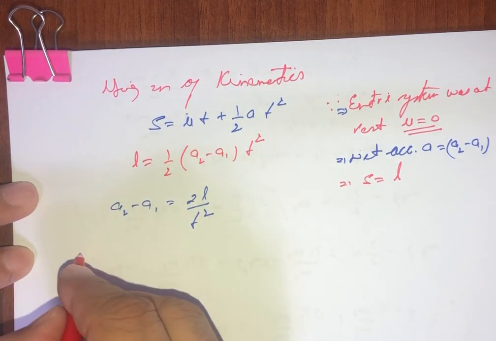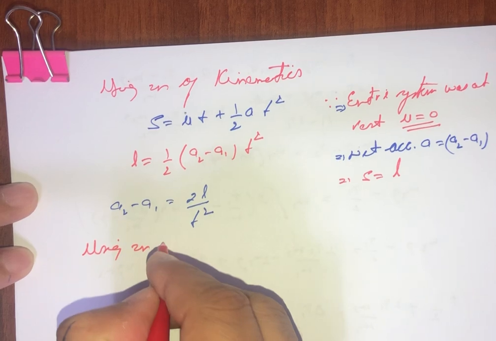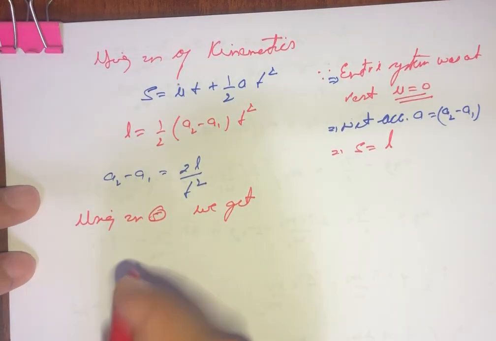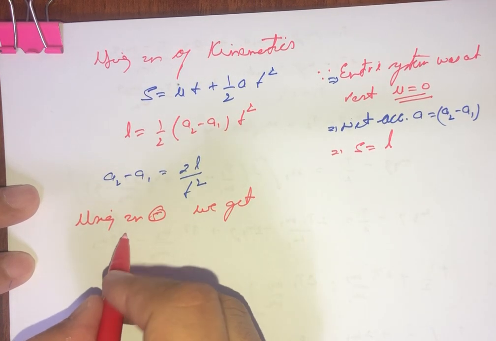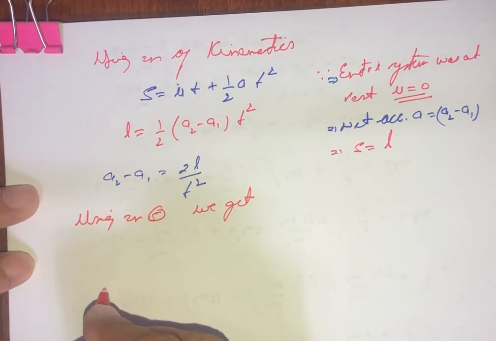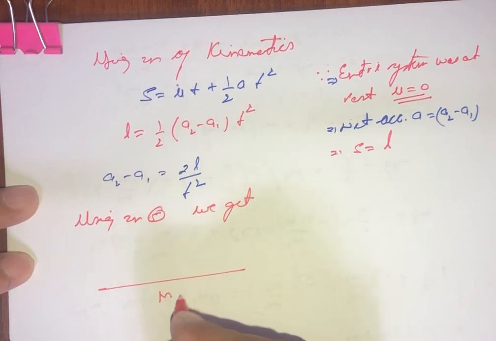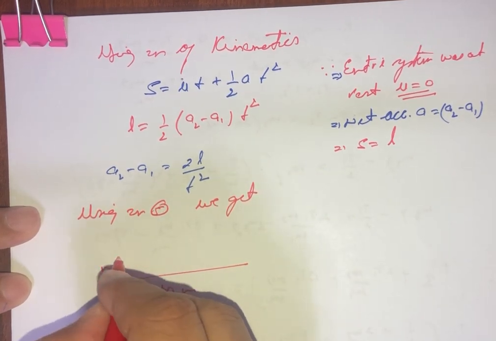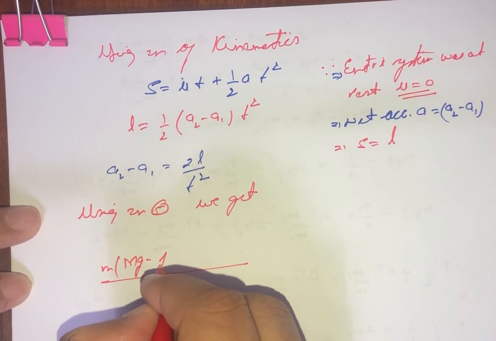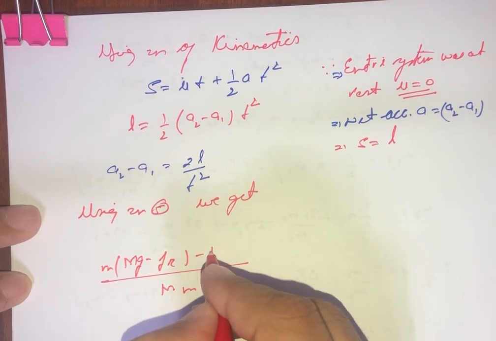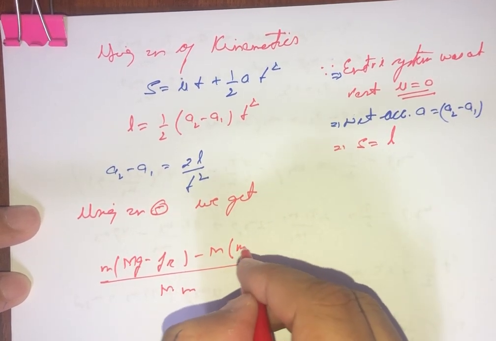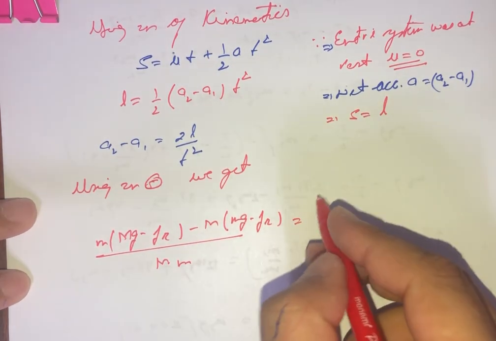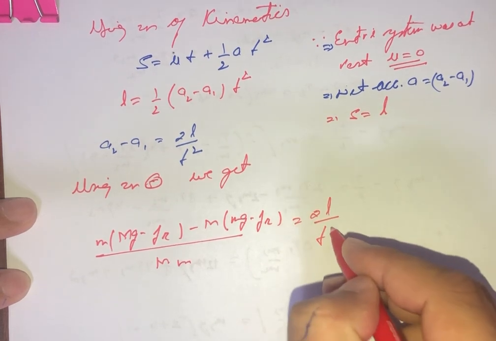We already know the value of a2 minus a1. Okay, so using equation 5 we get, substituting the values, and we can take the LCM also. The LCM will be capital M multiplied by small m, and we get this as (m(Mg minus Fr) minus M(mg minus Fr)) divided by Mm is equal to 2L upon t square.